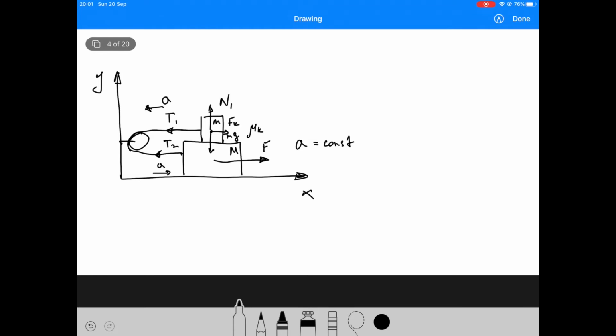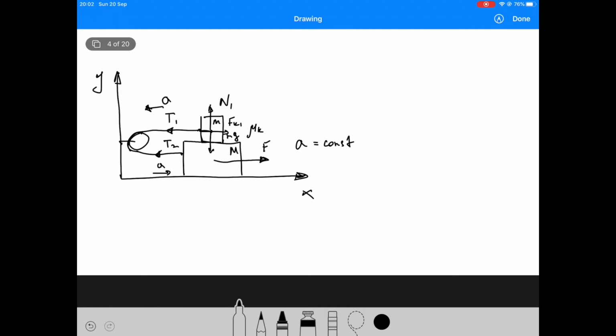F kinetic friction, let's call it 1, because this is the force of kinetic friction between the top body and the bottom one. So pretty much everything we can extend here just to have it in contact.